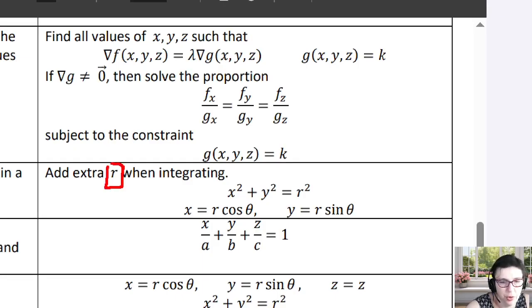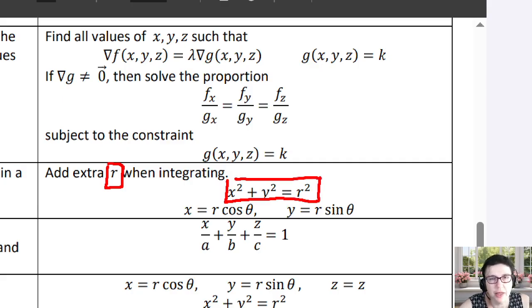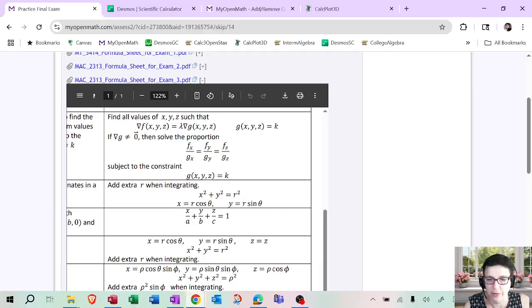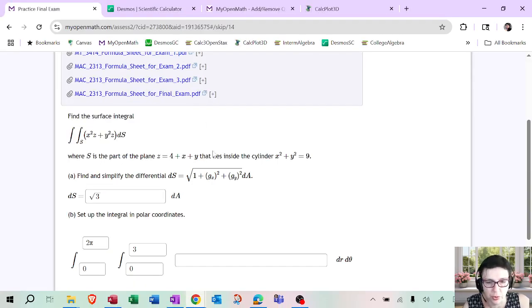First of all, add an extra r, meaning multiply by r. Also, x squared plus y squared equals r squared. But that's not going to be enough for us because we also have an x and a y. x is r cosine theta and y is r sine theta. All of that we are going to have to substitute.